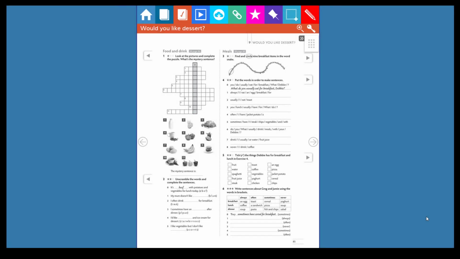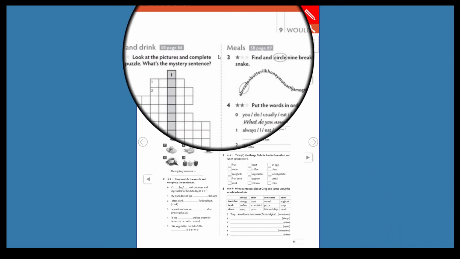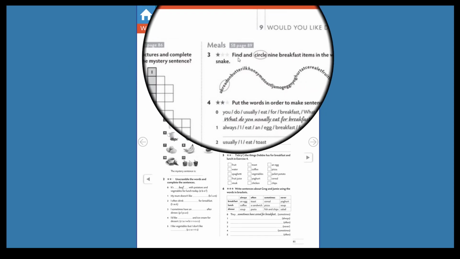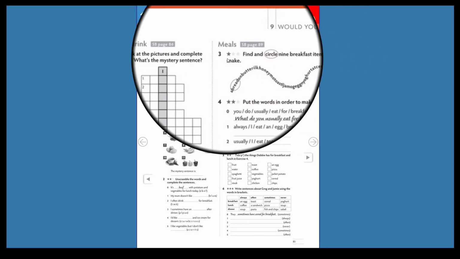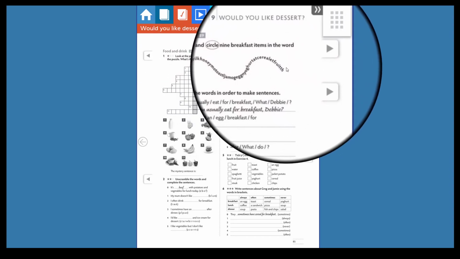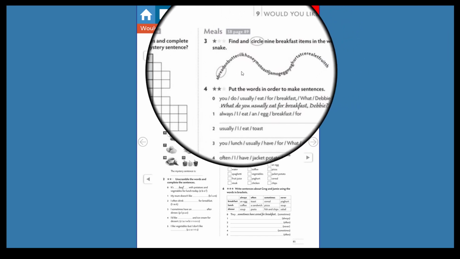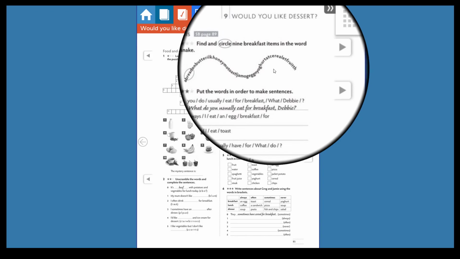Okay, and this is the homework, activity 3 and 4 from page 85 of the workbook. In the first activity, activity 3, you have to find and circle 9 breakfast items in the word snake. Acá tenemos una serpiente con palabras y ustedes deben encontrar 9 palabras relacionadas al desayuno y encerrarlas en un círculo.